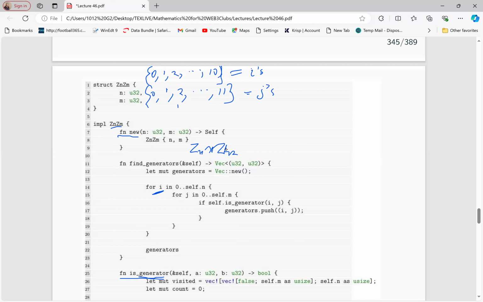For I in the range 0 to n, and for j in the range 0 to m. Self is just m, because we are dealing with the m, that is 12. And in this case, self is 11, which is n.